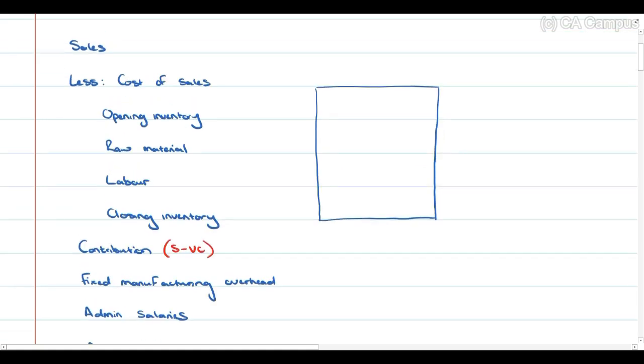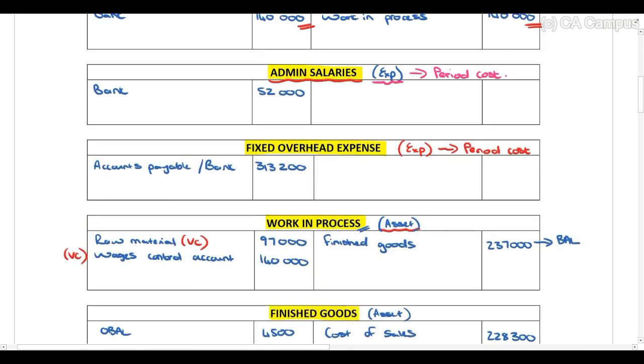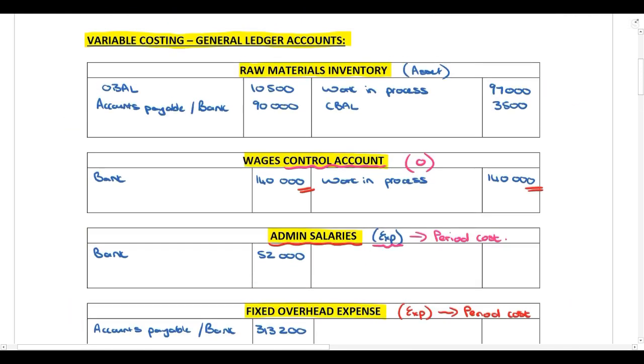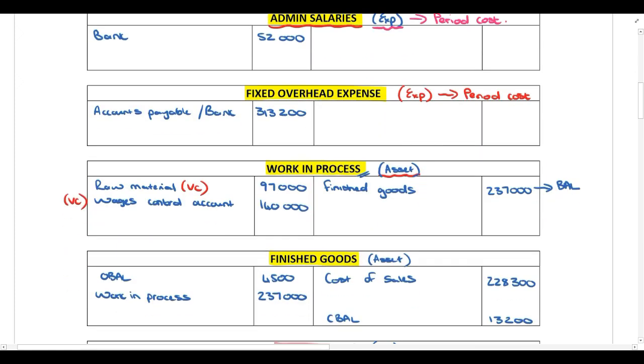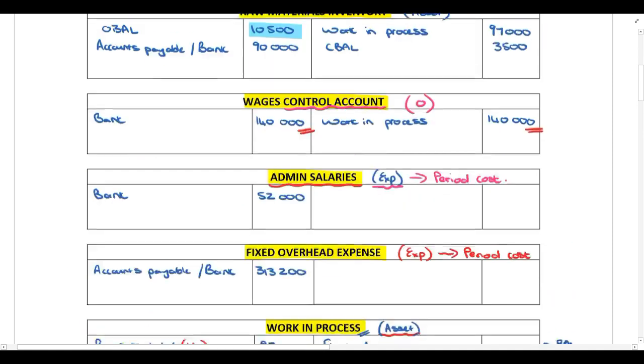For January 20X8, we had sales of 650,000 Rand. For opening inventory, please be careful, we had both raw material and finished goods inventory. So there's my raw material inventory, and here's my finished goods inventory. And for both of them, we also have closing balances that we need to take into account.